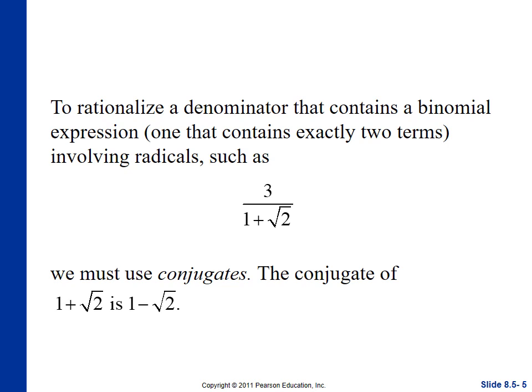What it does is it's like multiplying the difference of 2 squares. You end up with 2 terms that you can actually add together here. So the conjugate of 1 plus the square root of 2 is 1 minus the square root of 2. No matter what this sign is, it's got to be opposite to get the conjugate.